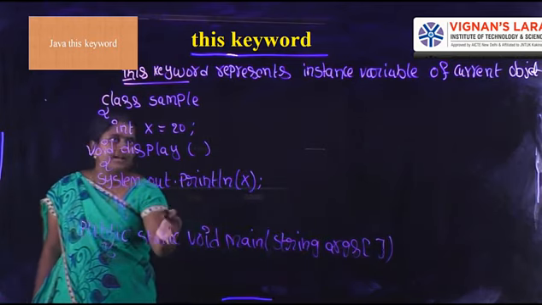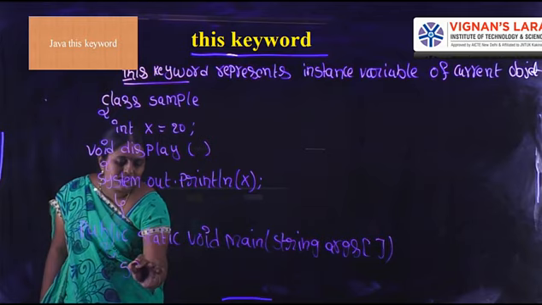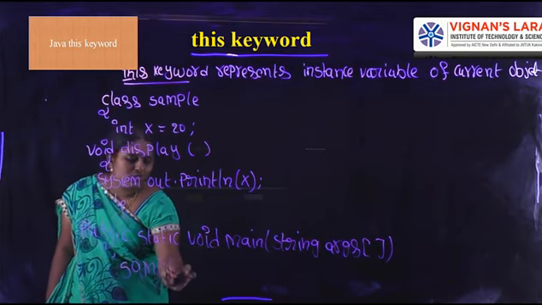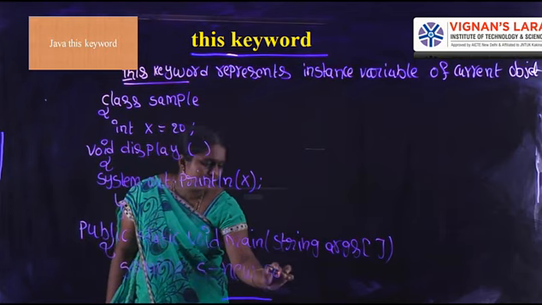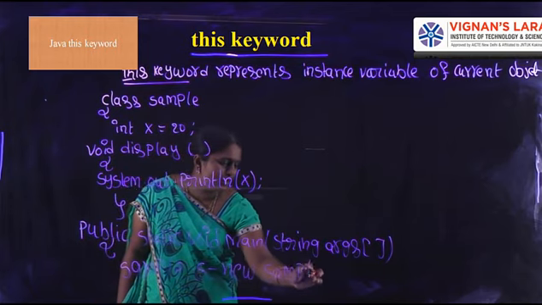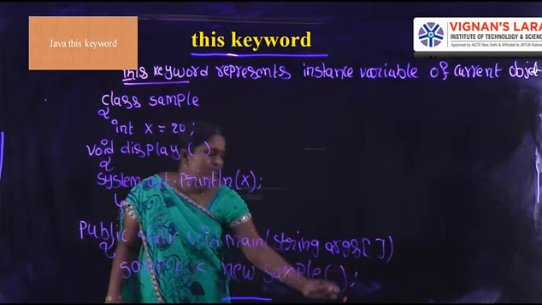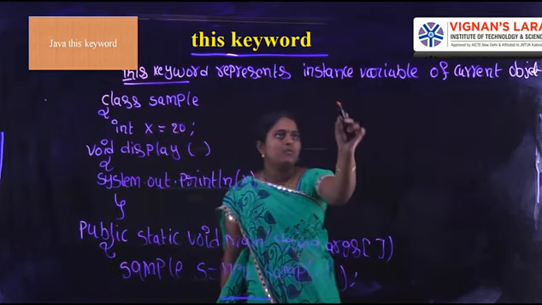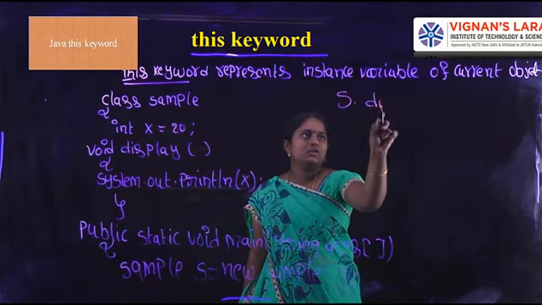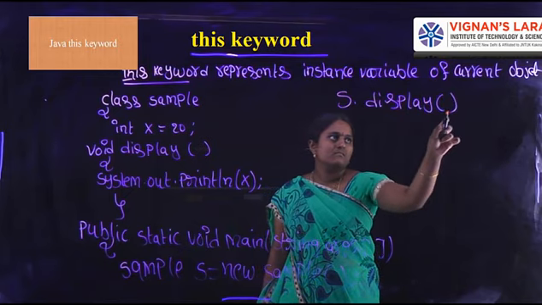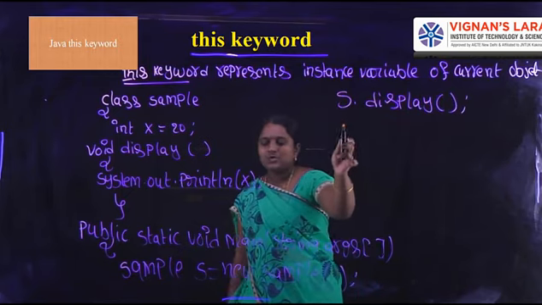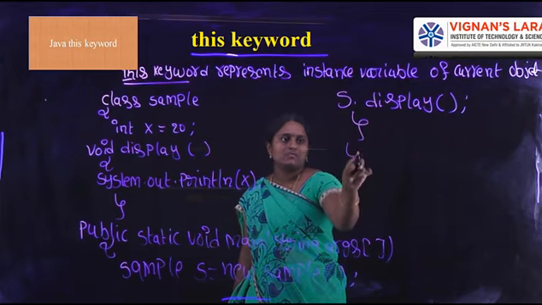Here I am creating an object of class Sample: Sample s = new Sample(). Next I am calling the display method, s.display(). Then I close the main method body and the class body.